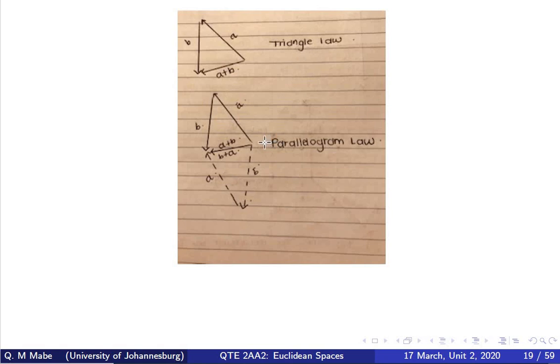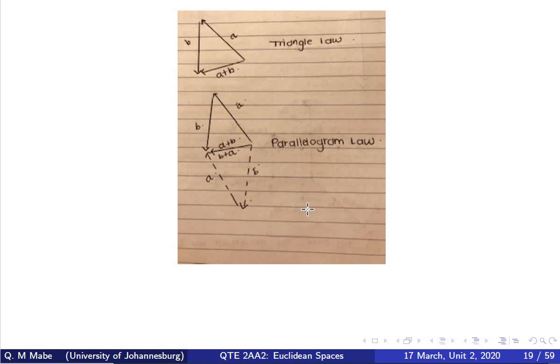Once we have done that, we draw a line that's parallel to B, which is this dotted line here, in exactly the same direction and the same magnitude as B. And then we also draw a dotted line, a vector that's parallel to A. It's the same magnitude and the same direction as A. So this is the dotted line here.